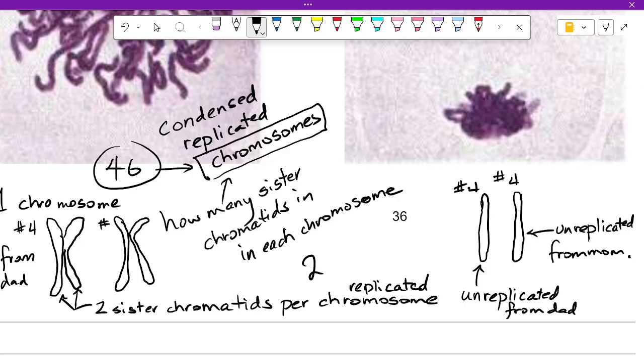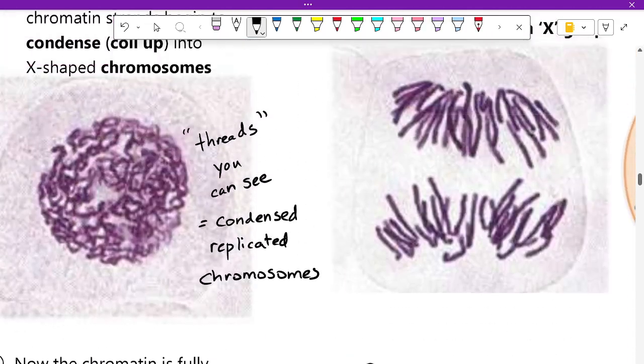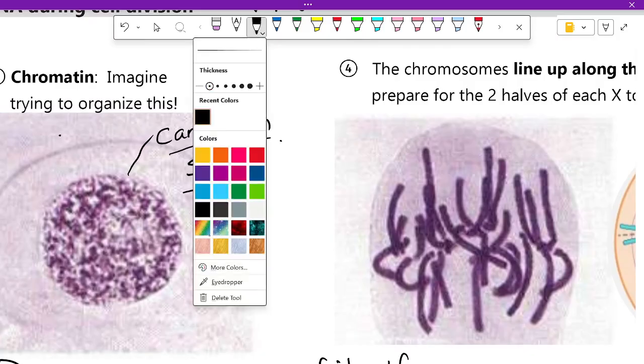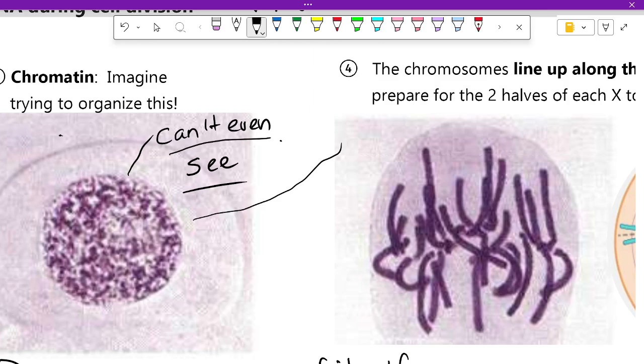So the copying, really what's happening is that we have back here, let's just show 2 chromosomes, okay? This is chromosome from dad. Let's put it in the nucleus. Okay, that one's from dad.